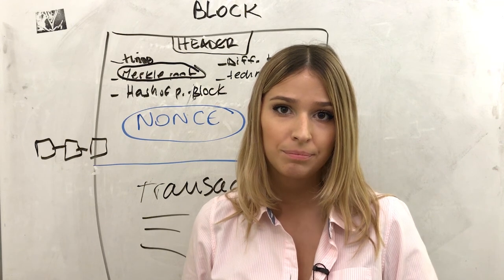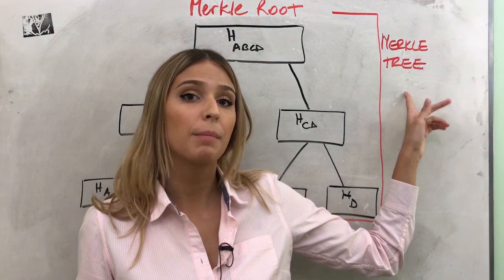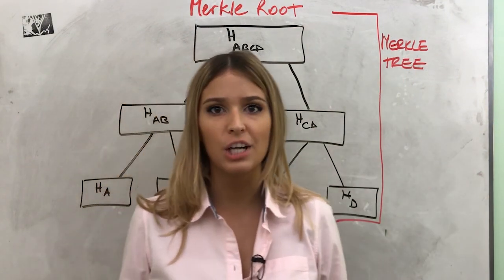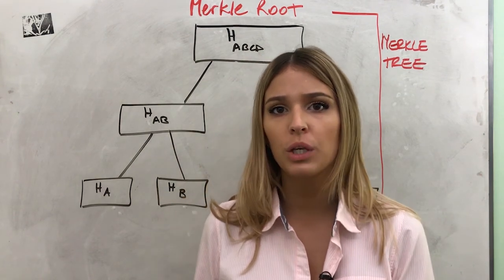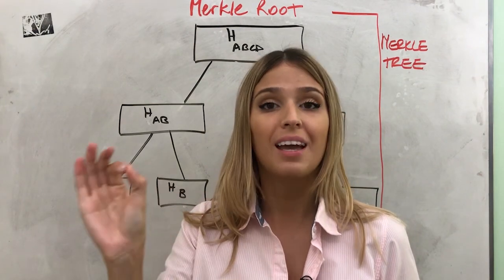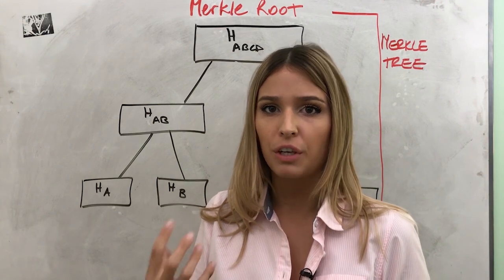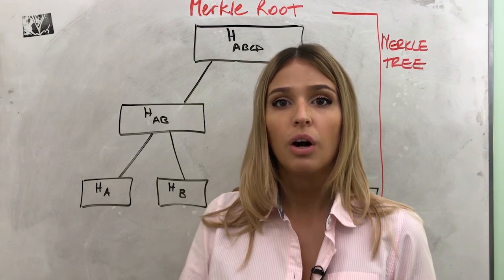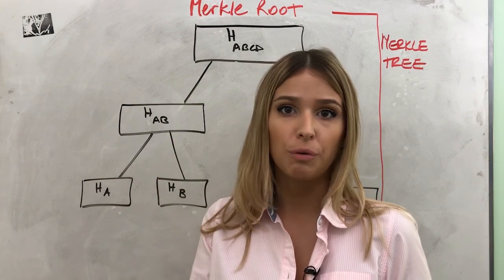Are you ready? Okay, before we get into details about what a Merkle tree is and what a Merkle root is, I want you to know what a hash code, or a hash, is. The same way we use fingerprints to identify, to summarize the identity of a human, we use hash codes or hashes to summarize the identity of digital information.